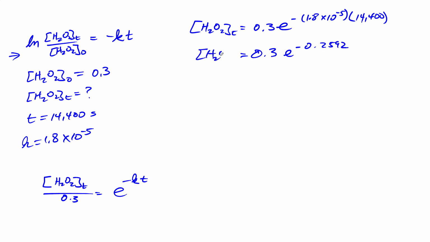And that's the exponent. So I take e raised to that value, which is 0.77. And so my change times 0.3, and the concentration is 0.232 molar. And that is how you work those problems out.